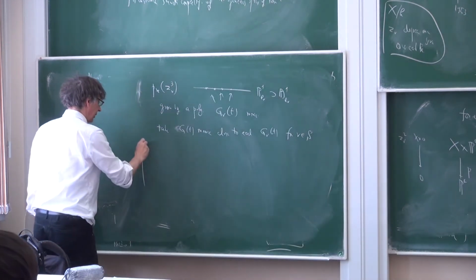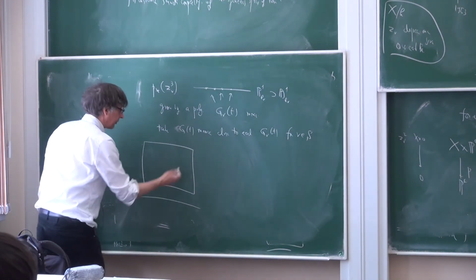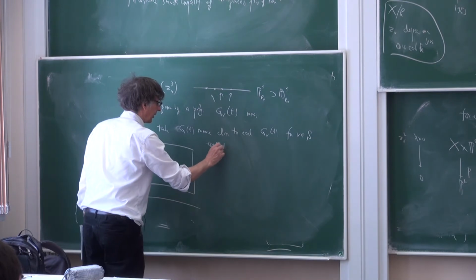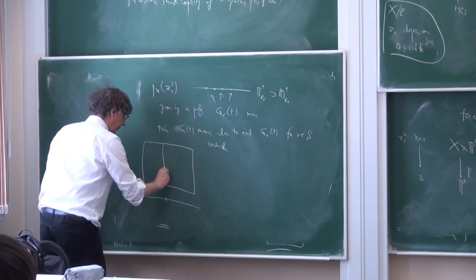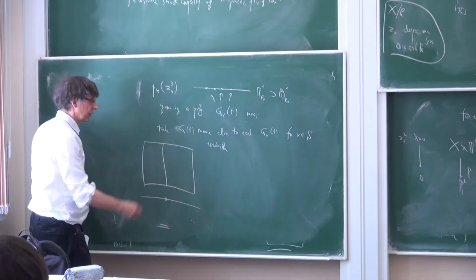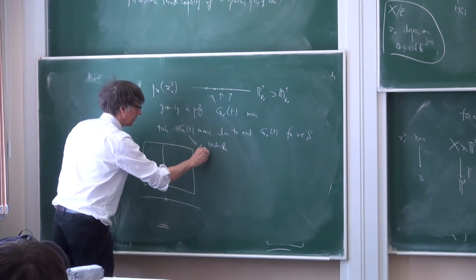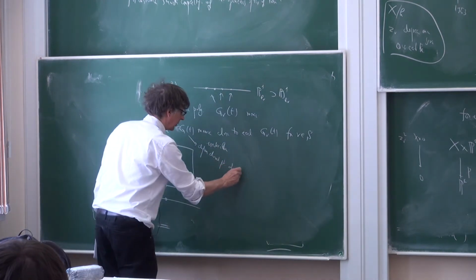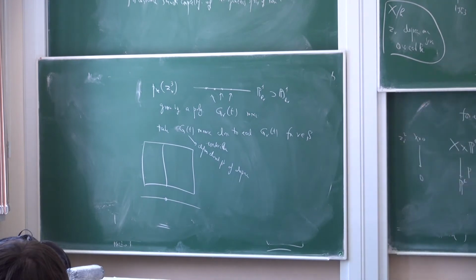Then what happens? You can take it irreducible if you want, same trick as before. Then you look at the closed point corresponding to this, and you look at the fiber over this closed point. That defines a closed point of degree congruent to 1 mod n.